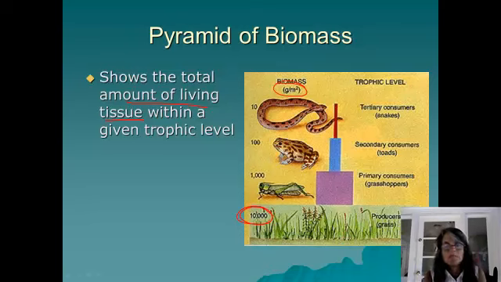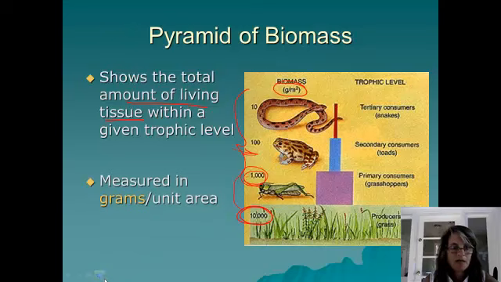All of the plants together, you mass them. That's how much biomass. All the grasshoppers together, and you mass them. All the frogs together, you mass them, the secondary consumers. So you're just massing, and what we find is that the mass scales out pretty much to the same ratio as the literal energy does, okay? It decreases as you go up the food chain in about the same amounts, okay?